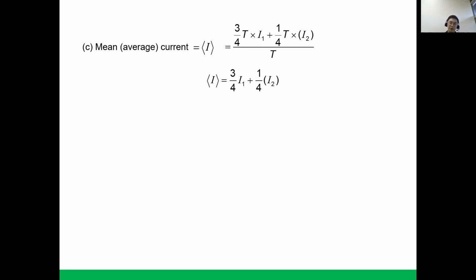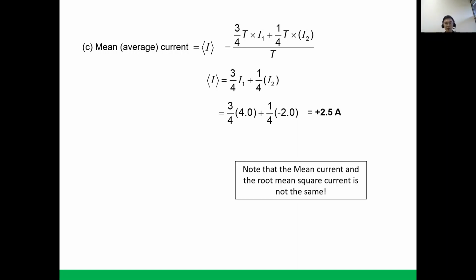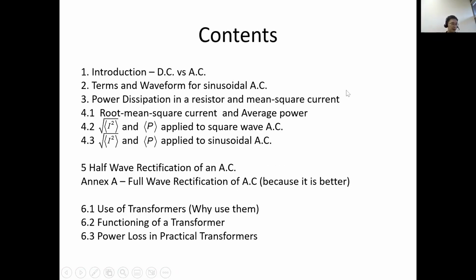You'll substitute the values, and you'll find that 3 over 4 times 4 is just 3, and 1 over 4 times -2 is -0.5, so you get 2.5 amperes. And you realize that this value in part C is not the same as the root mean square value. So if you had wrongly used the square of the mean current times R to find the power, you would have gotten the wrong answer. You should use the root mean square current rather than the mean current. Okay, with that, we have come to the end of 4.2.